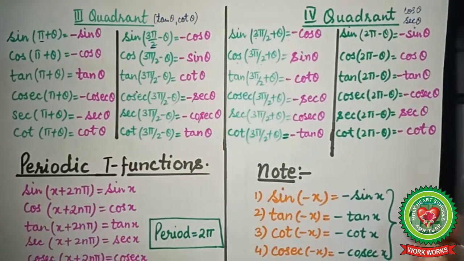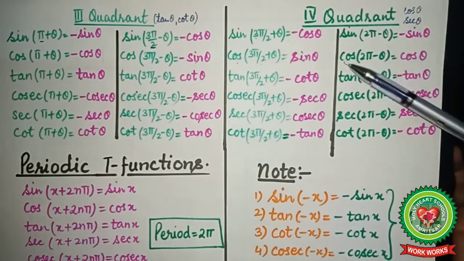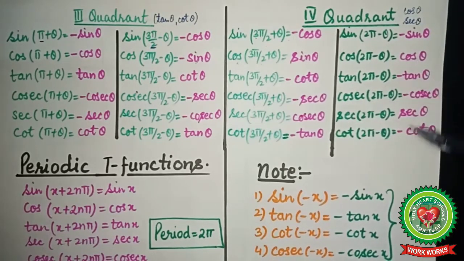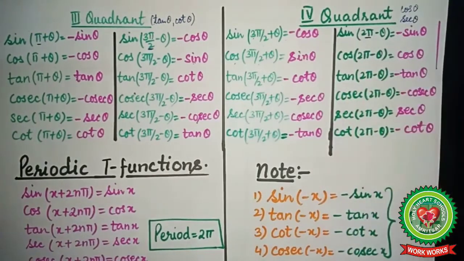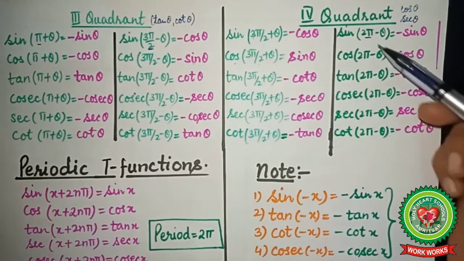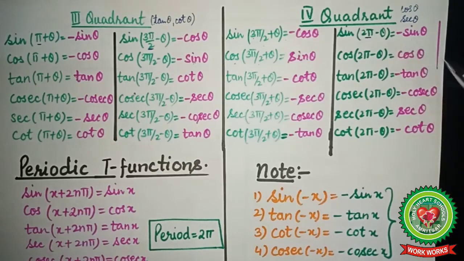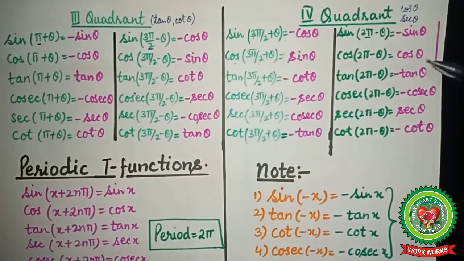Now for the angle 2pi minus theta, same thing: cos and secant will be positive, the others negative. As it contains the line of 2pi, again the function will not change. So sin(2pi - theta) is equal to minus sin theta. Cos(2pi - theta) is equal to cos theta.